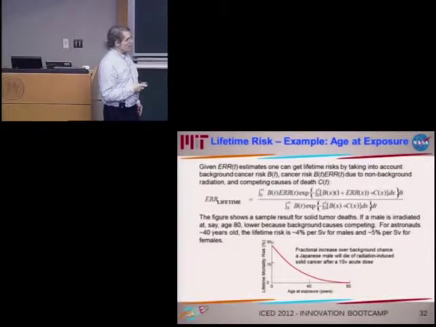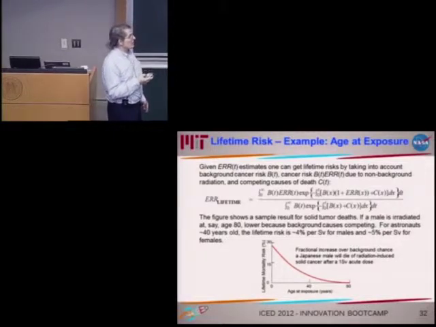One can then discuss, as Frank mentioned, looking at the lifetime excess relative risk. Here, you introduce additional concerns. One now has to think about competing causes of death as limiting the excess relative risk one would experience from the radiogenic exposure. Here would be a sample way one would maybe calculate something like that.